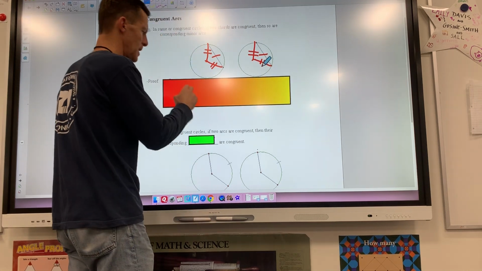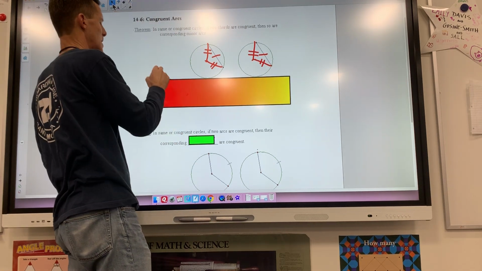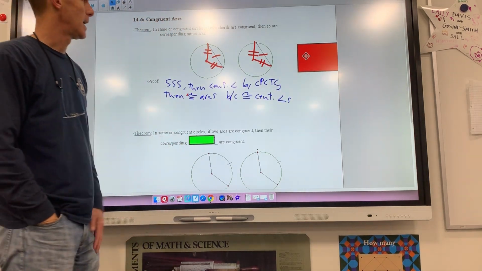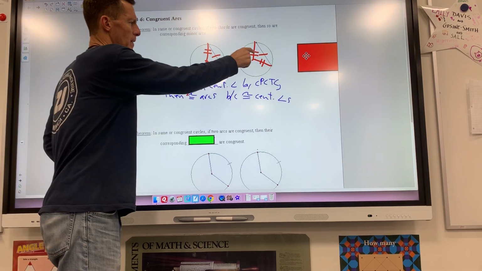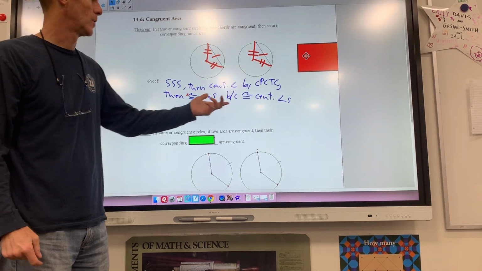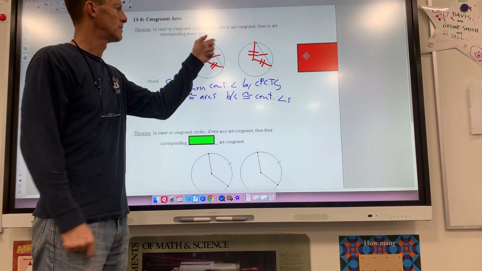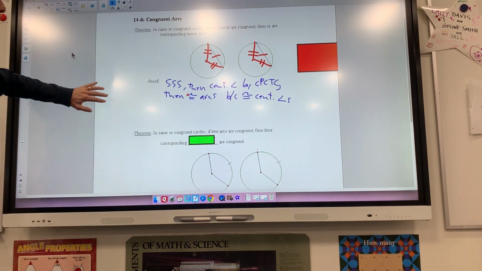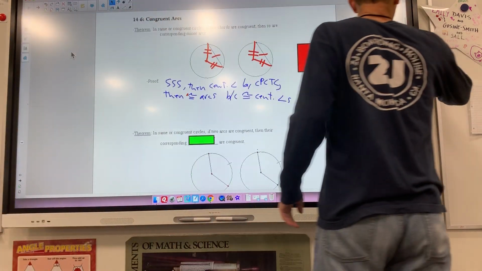So what would it be? It would be side, side, side. Then central angle by CPCTC, so that angle and that angle, and then we know the arcs are congruent because of congruent central angles. So the arcs would be congruent too. All right, moving on to the next one.